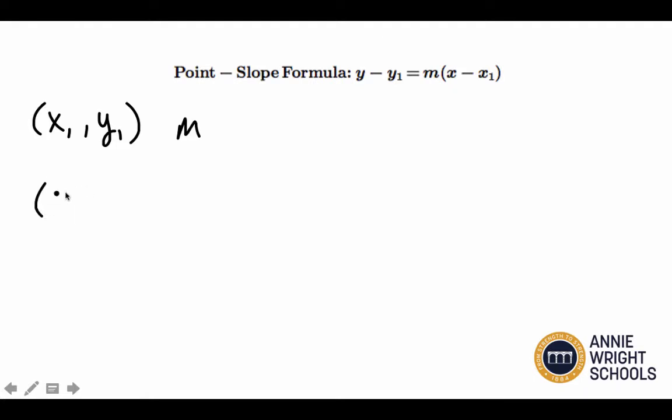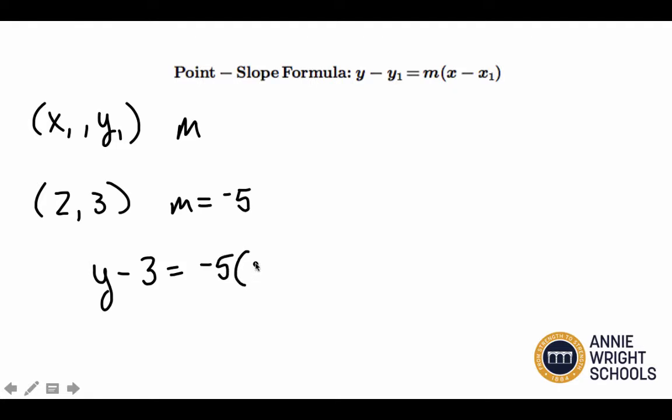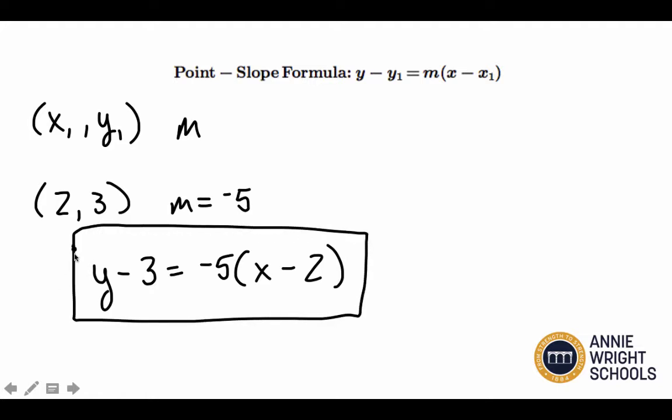So if I told you the point (2, 3) was on a graph and the slope of the line was, let's say, -5, then to write the equation of the line, it's y minus the y-coordinate equals the slope times x minus the x-coordinate. That's it. You're done. If you know a point on the line and a slope, all you have to do is plug in these numbers where they go in this formula.